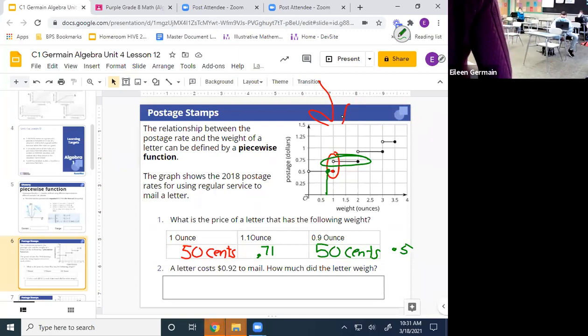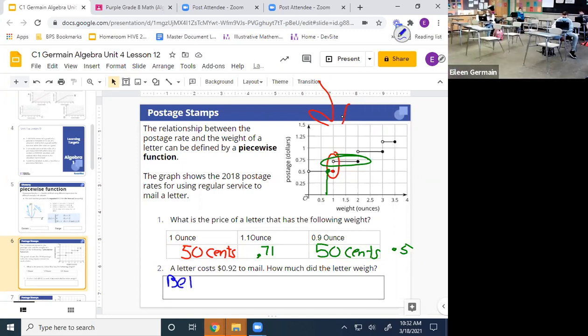Okay, good. Now, a letter costs 92 cents to mail. So what must be the weight of the letter? John, what were you thinking? Between 2 and 3, but not including 2. So between 2 and 3, and then what would be my label on that? 2 and 3 ounces.